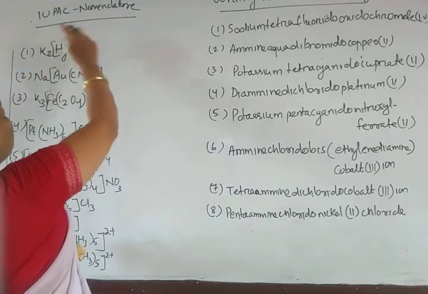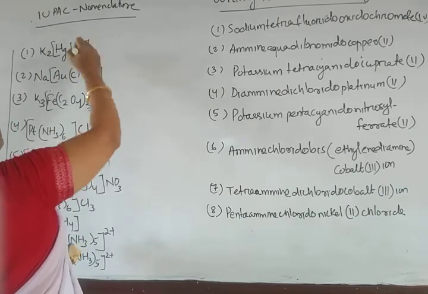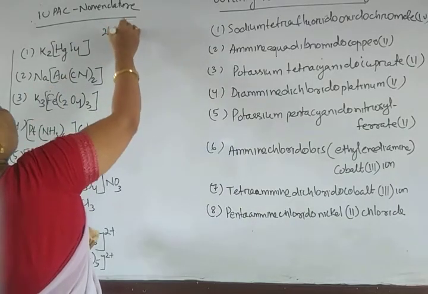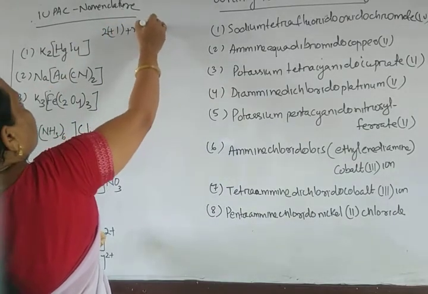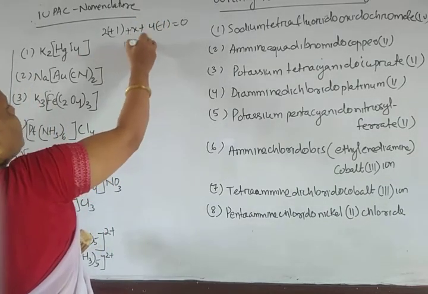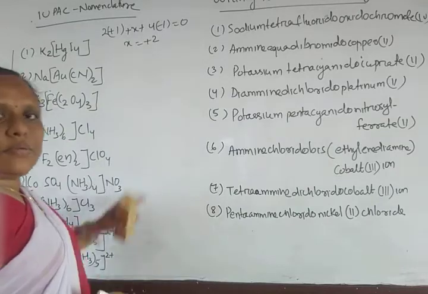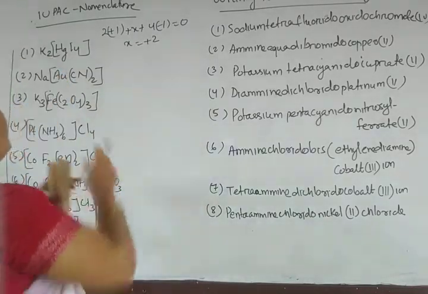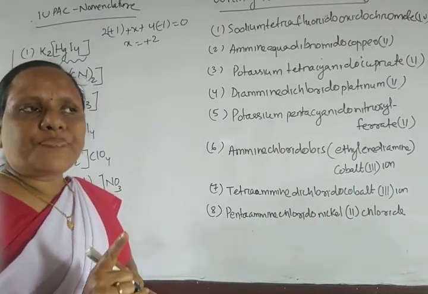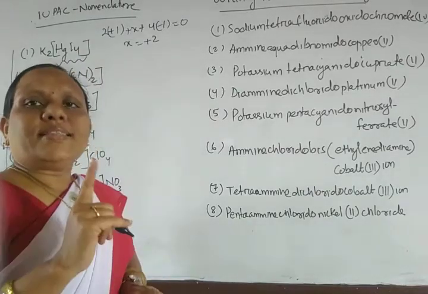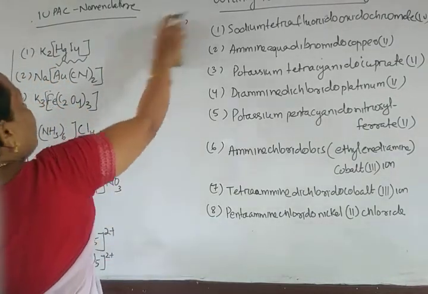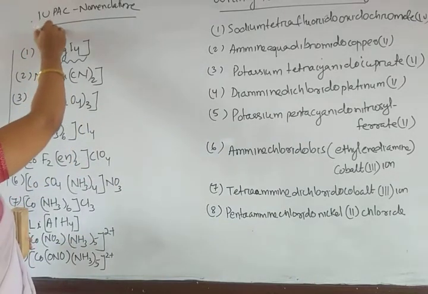Suppose it is X, potassium has +1, so 2 into +1 plus X plus 4 into -1 equals 0. So X equals +2. We write this in Roman numerals, and since this is the negative part, we use its Latin name, which should end with ate.